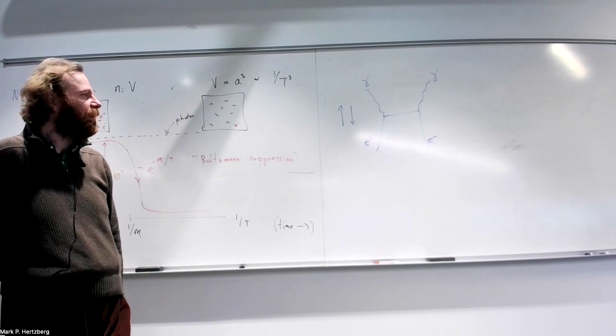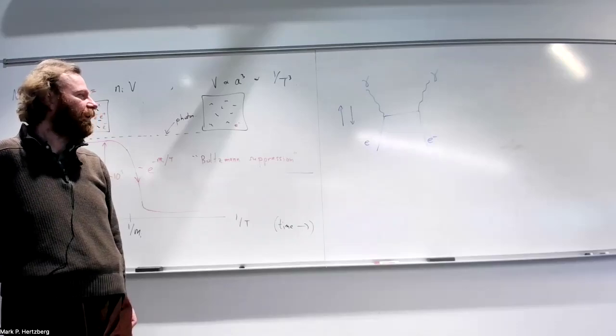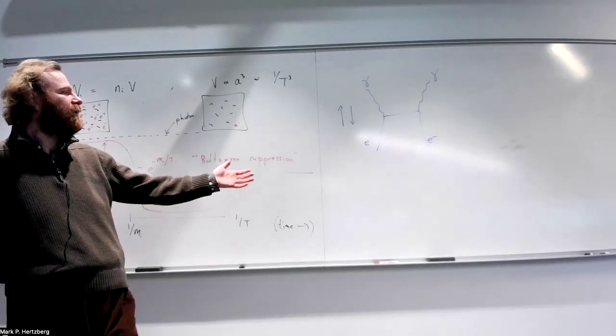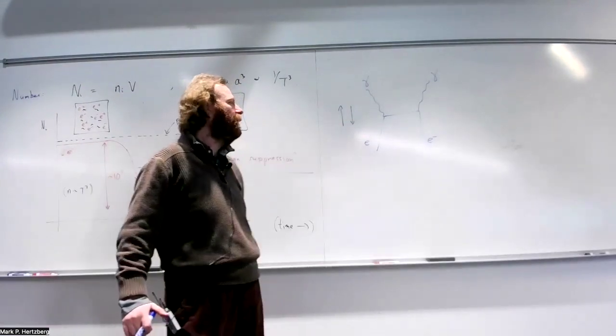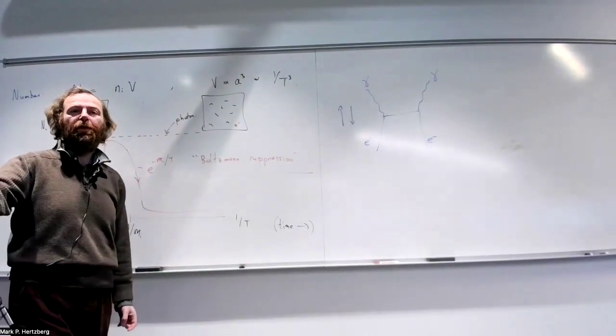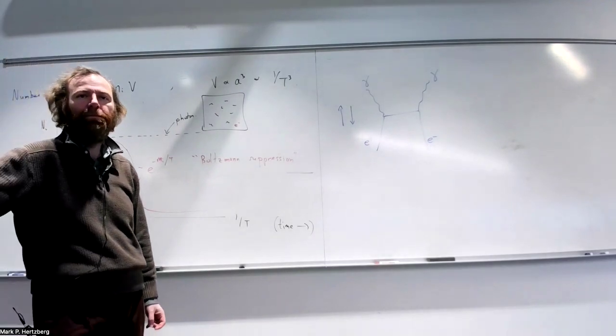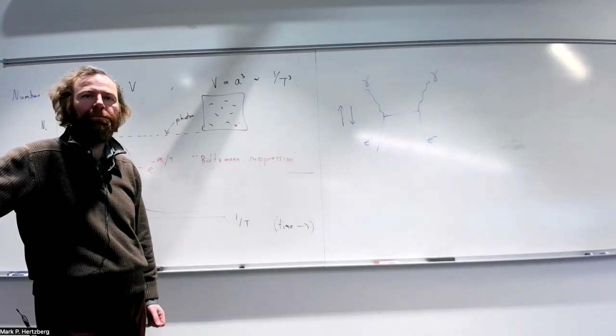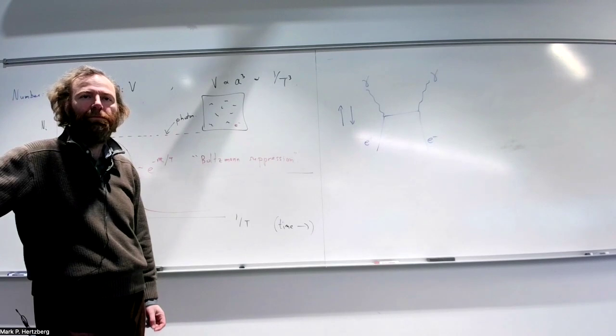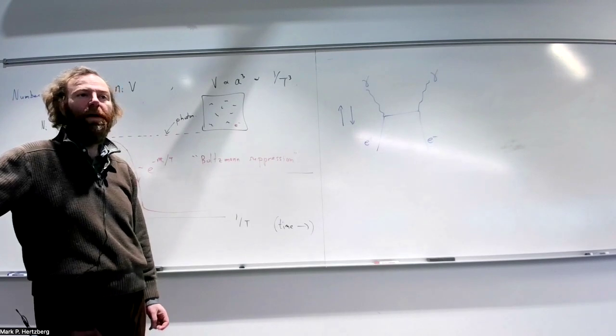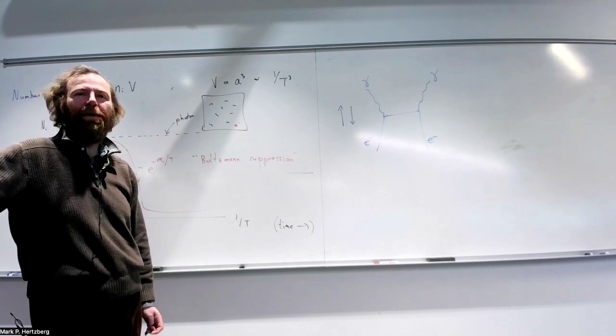Well, the fact that they have charge allows for this process to occur, but other than that, we don't have to pay too much attention to it. Yeah, but why don't they annihilate rapidly?